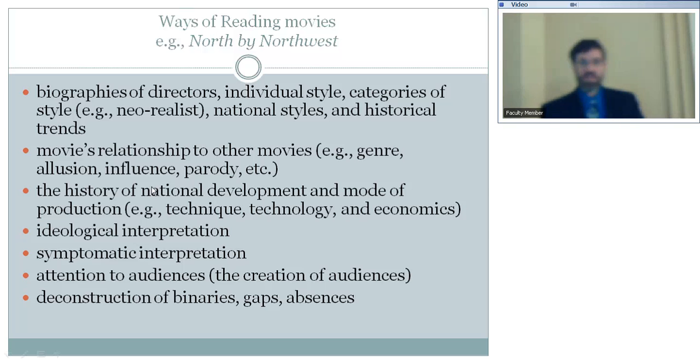We're also going to look at the history of national development and mode of production, technique, technology, economics. So this is especially important. This idea isn't always as important when you're talking about American movies. Americans just assume that Hollywood exists and New York exists. But a lot of other countries really have to struggle to get their own movies out.